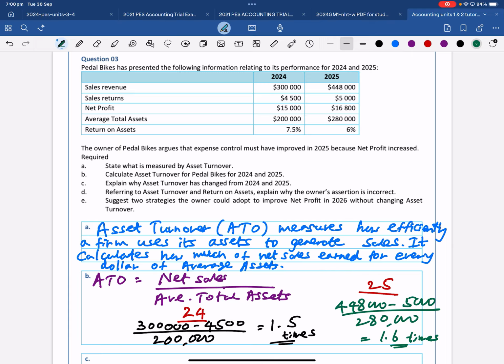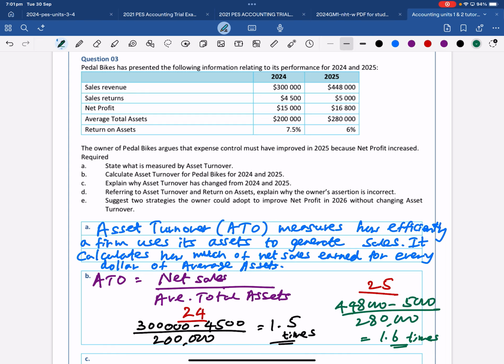Yes, ability of the business to generate. But they've had enough net sales, so that still increases. Why is it that, guys? The increase in net sales increased at a higher rate than that of the average total assets. Correct. Have a look, guys. 300,000 became 448, meaning as a percentage, close to 50%, somewhere around 49% if you calculate it.